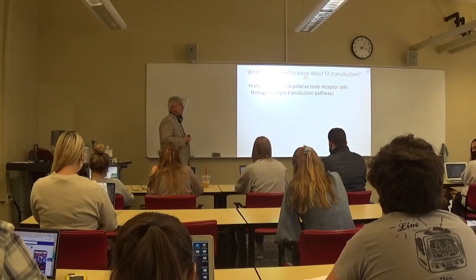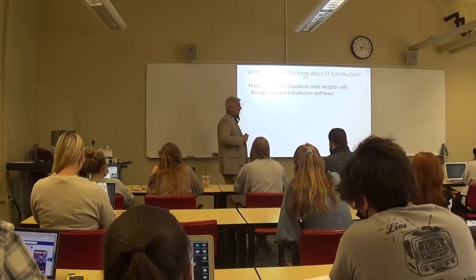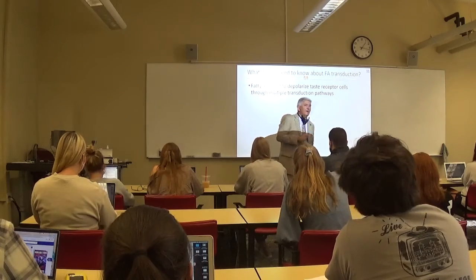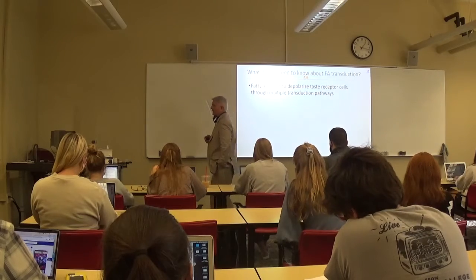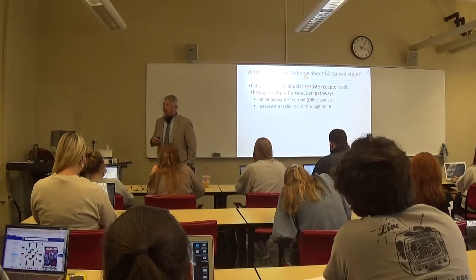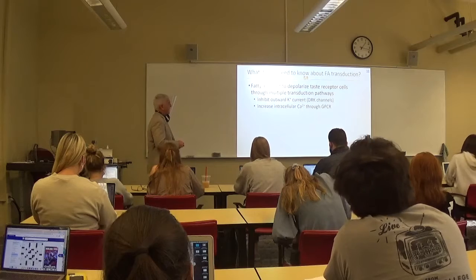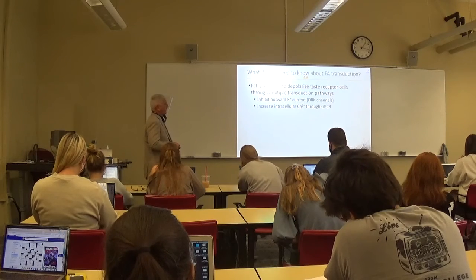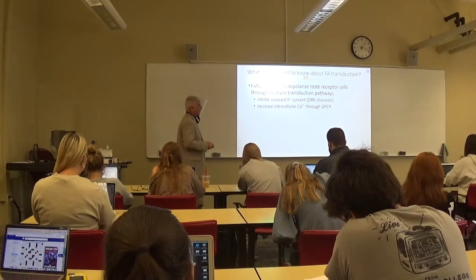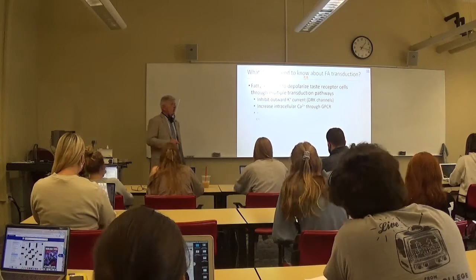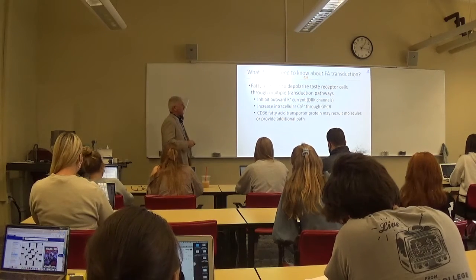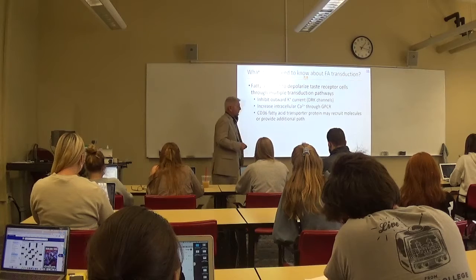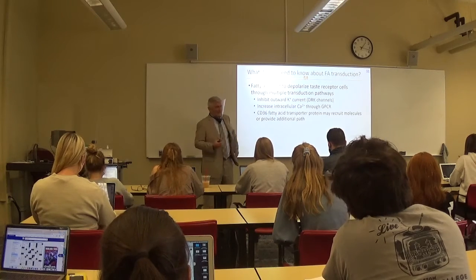So, review points. What do you need to know about this? Slide 11, jot that down, right? You need to know that they act through multiple pathways, right? They inhibit outward potassium current, and they increase calcium through metabotropic receptors, right? There's another one, another transporter protein that I didn't really talk about.